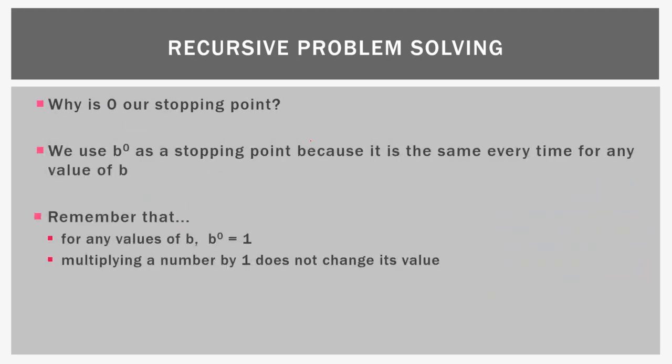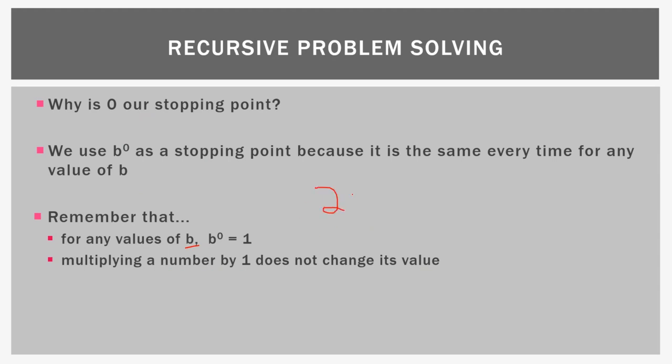So why do we stop at 0? We stop there because it's the same for any value of b. So there's nothing else to solve. It's not solving a difficult problem if the answer is the same every single time. So for every value of b, multiplying a number by 1 doesn't change its value, no matter what the number is.